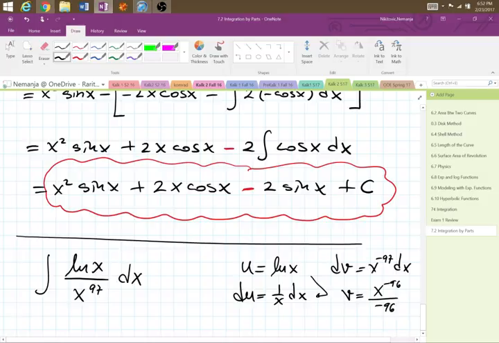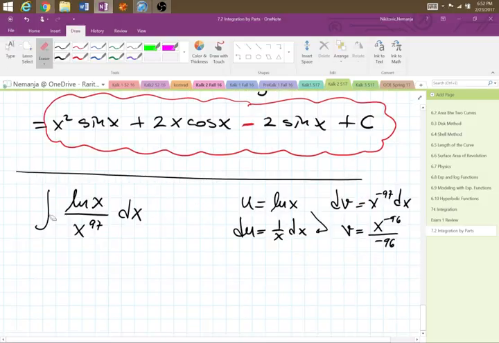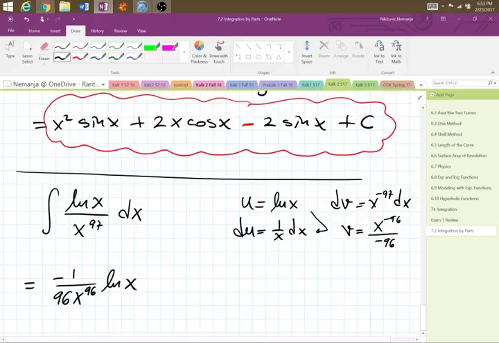Hit the arrow. So what do I get? I get negative 1 over 96 x to the 96 ln x.